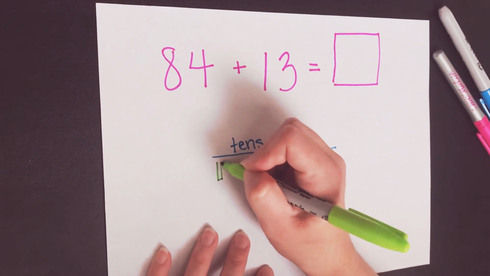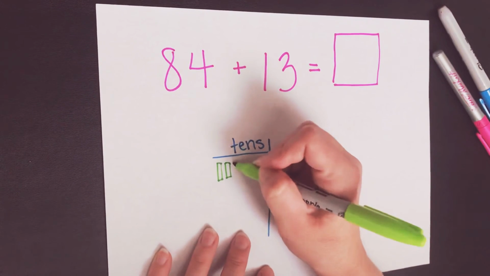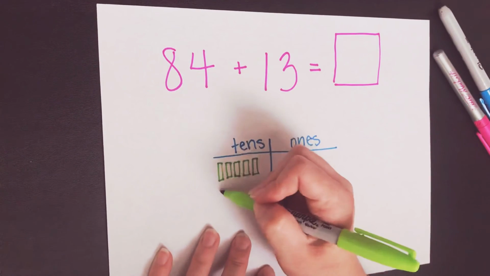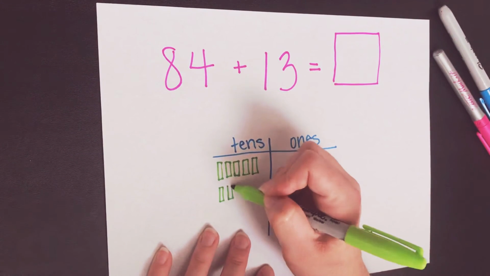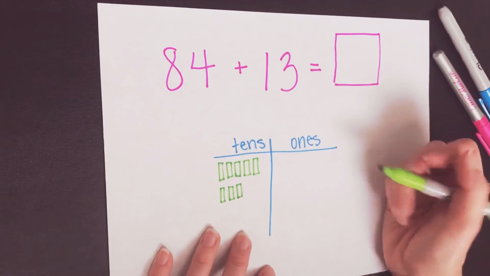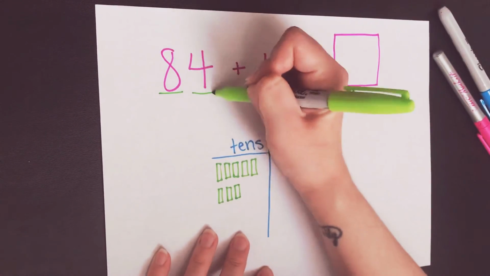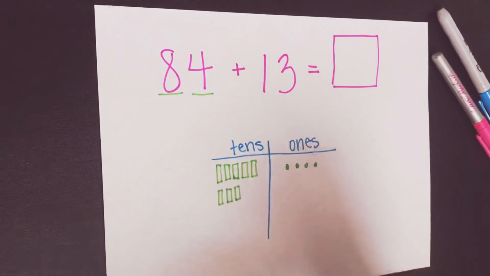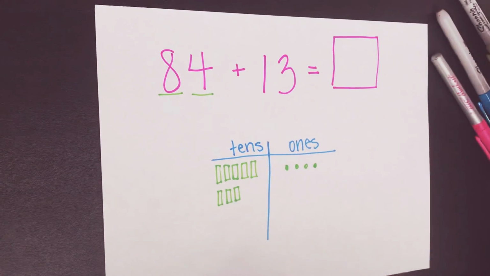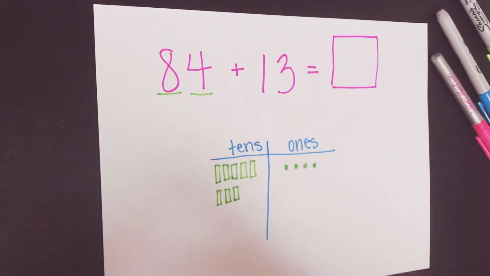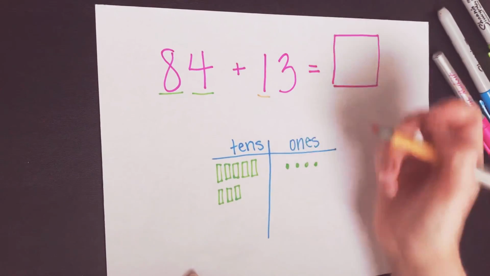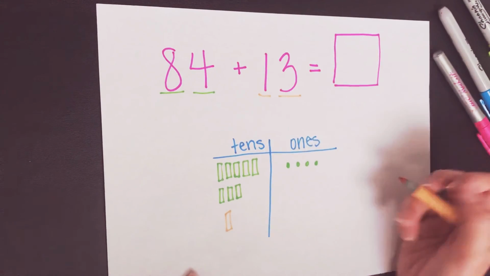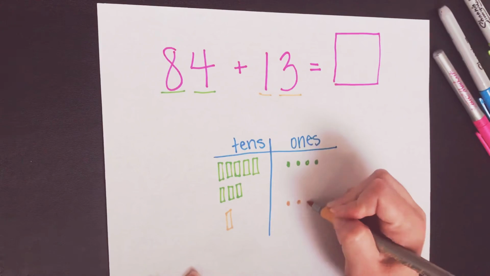So I'm going to do 1, 2, 3, 4, 5, 6, 7, 8, and I've got 4 1's, so 1, 2, 3, 4. And then over here, let's see, I've got 1 10, so I got 1 and 3 1's, 1, 2, 3.